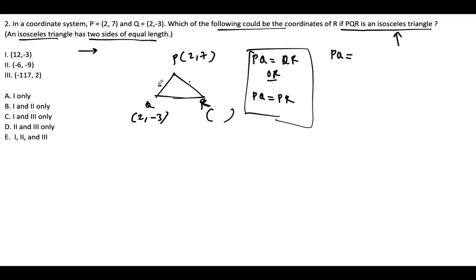If you want to calculate the length of PQ, it is under root of 2 minus 2 the whole square plus 7 minus of minus 3, which is 10 square. So 10 square is 100. Under root of 100 is 10. Aman, in this, you can also have PR equal to QR, right? For the two sides, PR equals QR. Yes, it can be.